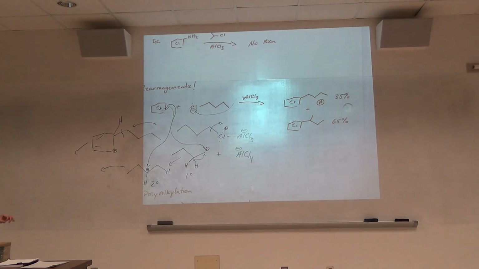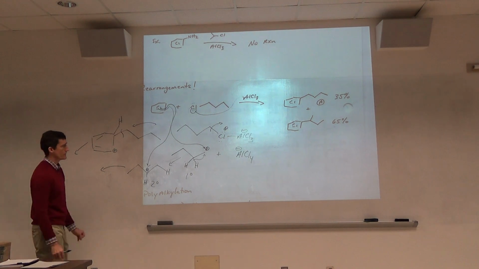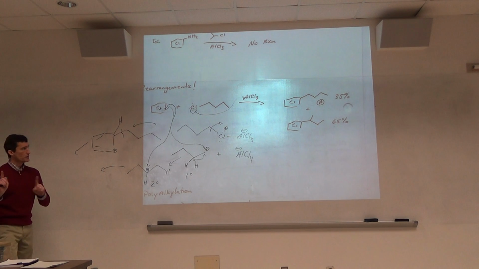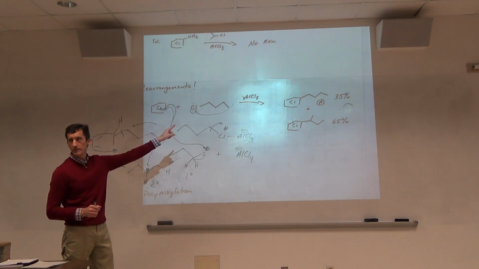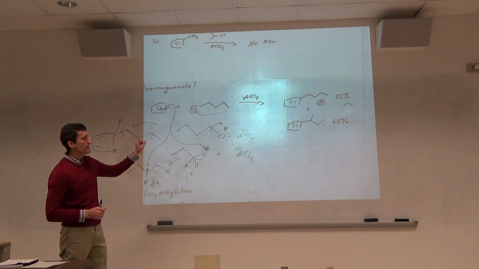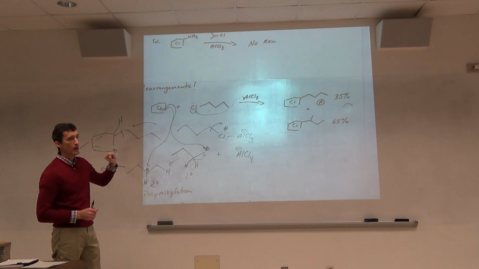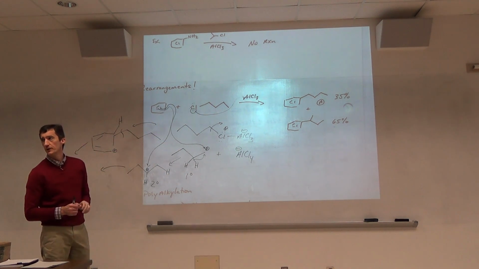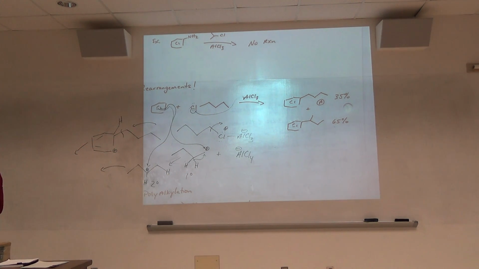For us, typically we want to avoid primary carbocation. In a little bit, we'll show a much better way to make A. We'll show a selective way to make A in high yield. A two-step approach. The one-step approach gives the other compound as the major product. Always be aware of rearrangements for carbocations, right?